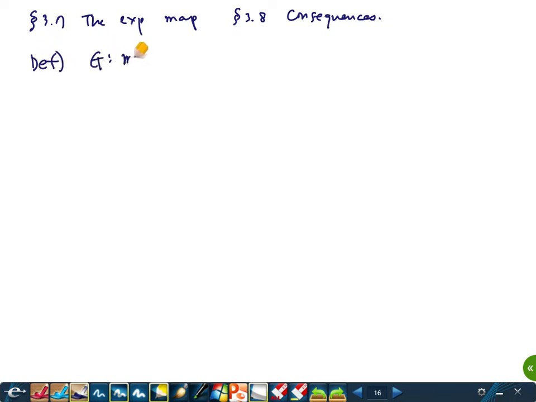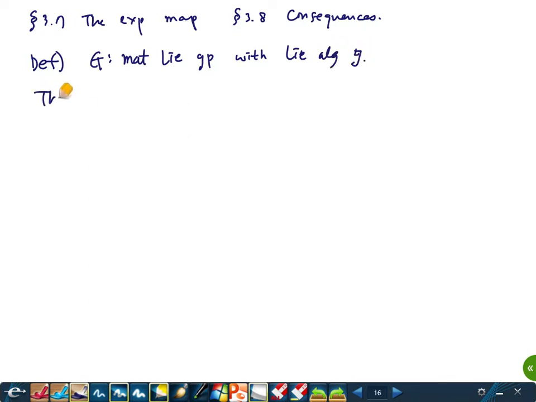Now it's 3.7, the exponential map, and I'm going to do this at the same time as 3.8, consequences. We already know the exponential map, but we define it again. Take a matrix Lie group as before with Lie algebra g.